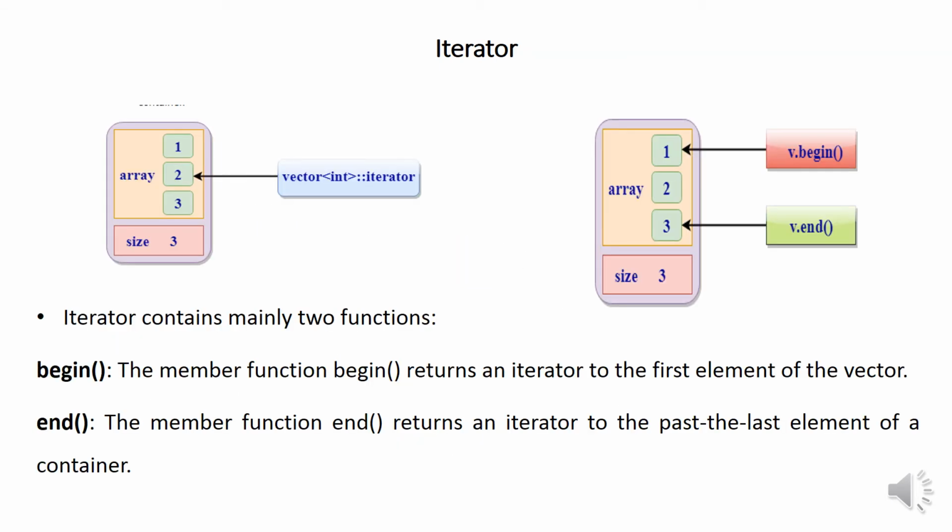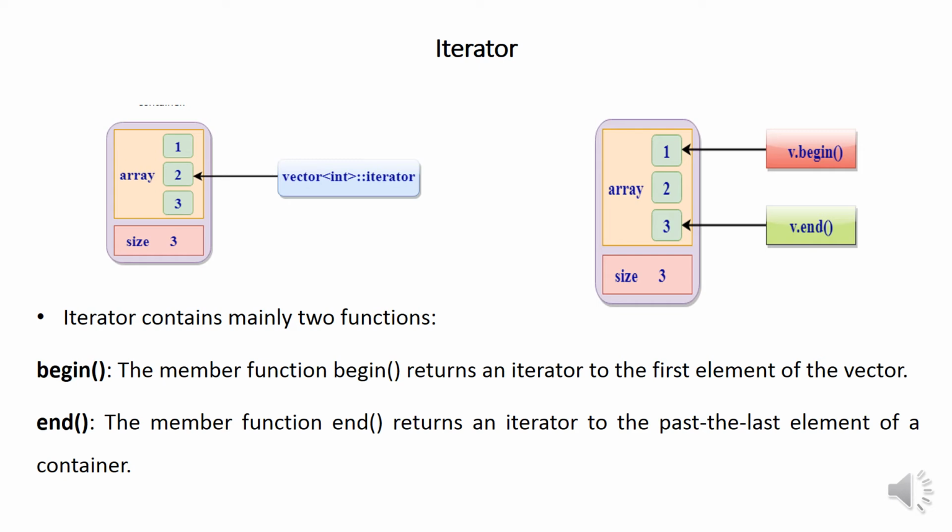So what is an iterator? Iterator is also a component of STL. Iterators are pointer-like entities used to access individual elements in the container. Like in an array, we access the individual element from the array.